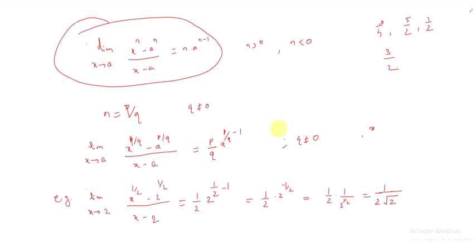After proving this result, let us see how to use it to solve examples. In previous slides we have seen the result: limit x tends to a, x raised to n minus a raised to n upon x minus a is equal to n into a raised to n minus 1.